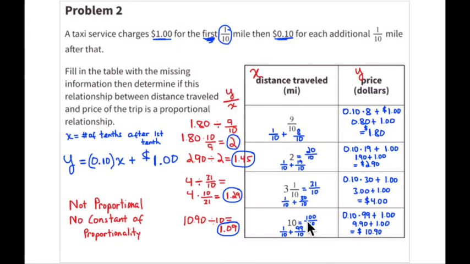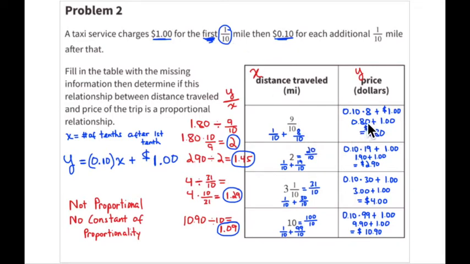I wanted to add a bit more to problem number 2 because I realized I was using a constant of proportionality of 10 cents or 1/10 of a dollar. But if you take the y value here, the price based on the number of tenths after that first dollar, so this would be 80 cents, and this would be $1.90, and this would be $3, and you divide that by the number of tenths after that first tenth.